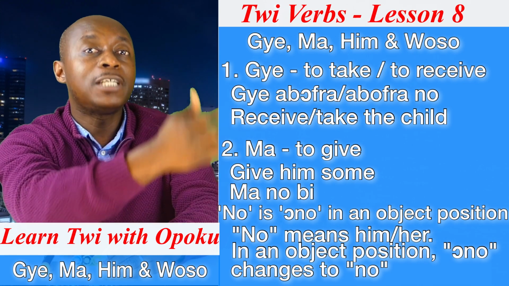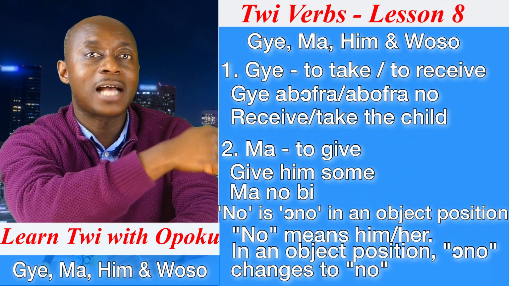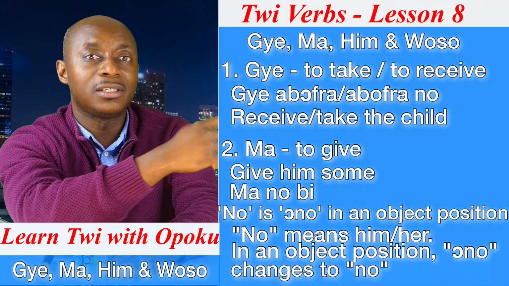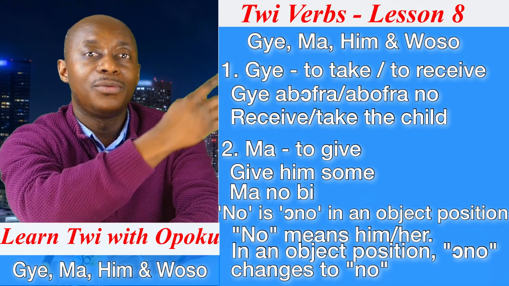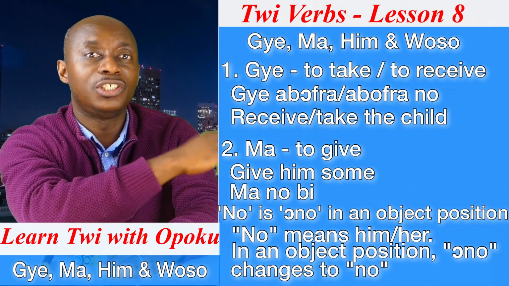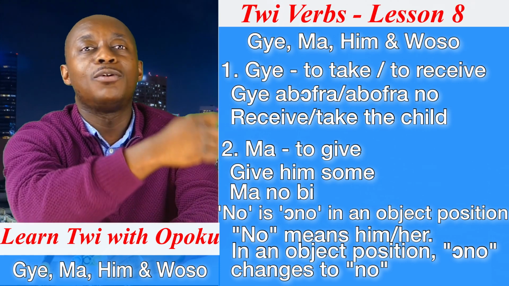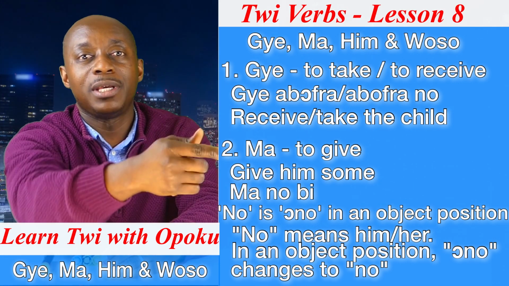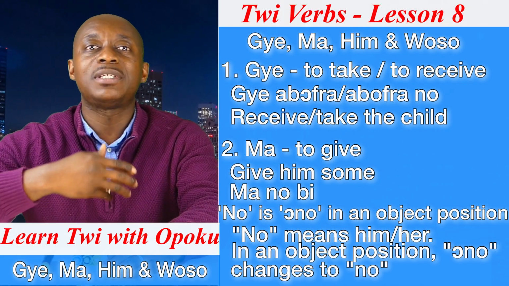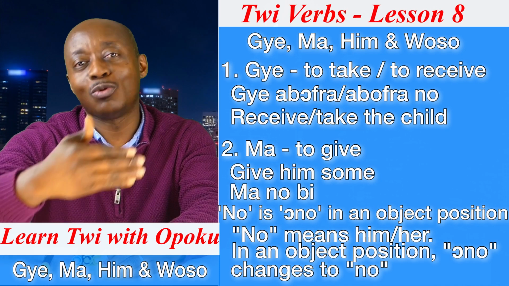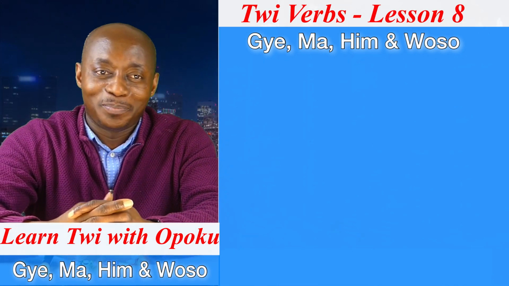But in the object position, we say no. Just as he or she changes to what? Him or her. Ono also changes to what? No. Good. So, manu bi. Give him some. So, when we say ma, it means what? To give. Good.